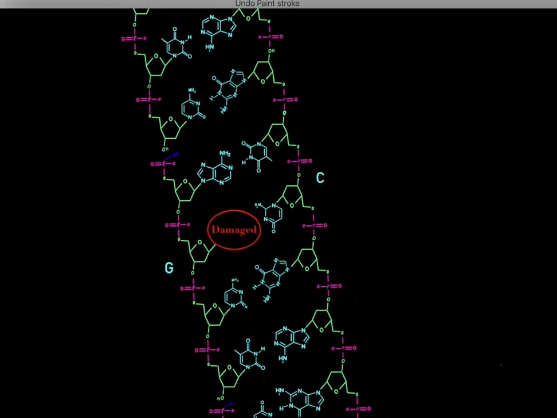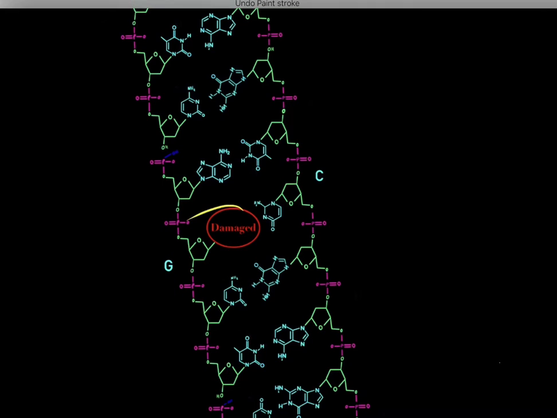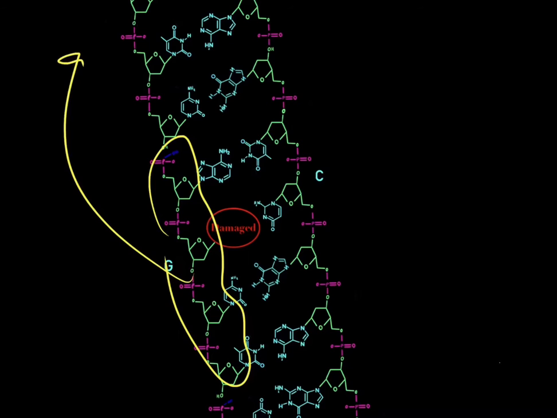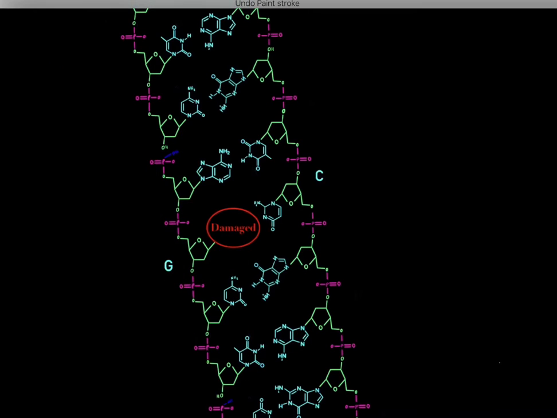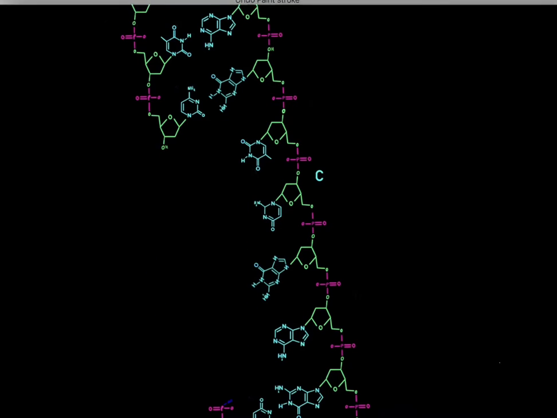So we would do that here and we would do that here. Now that we've broken these covalent bonds, we can remove this entire stretch of DNA. And remember, here's where the DNA damage is. So if we remove this entire stretch of DNA, we remove the DNA damage. Now we have this empty region.